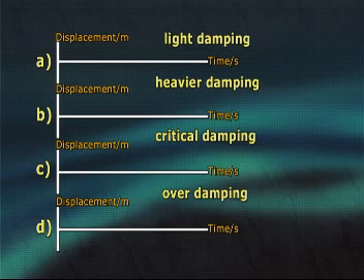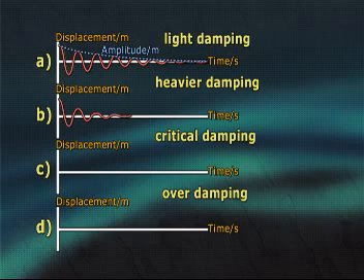In these displacement time graphs, we can see the effect of different amounts of damping force. With light damping, there is a gradual decrease in amplitude. Heavier damping is slightly less gradual.